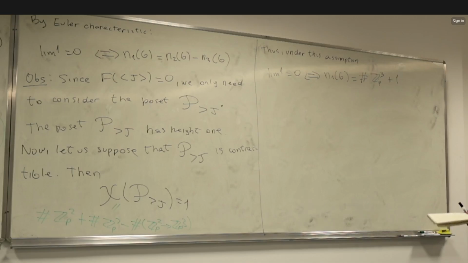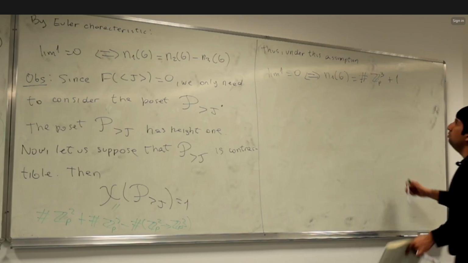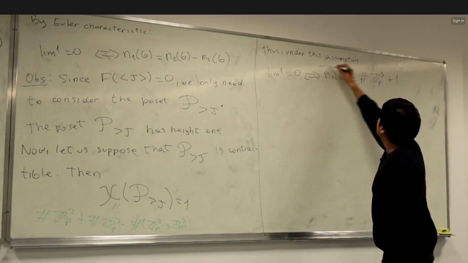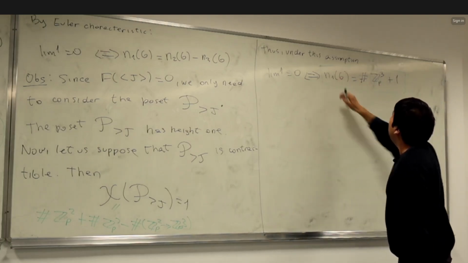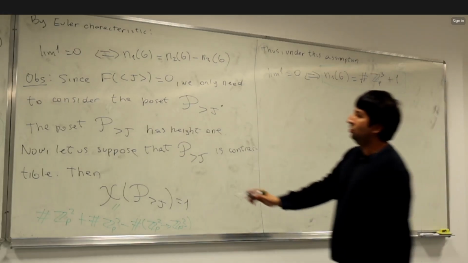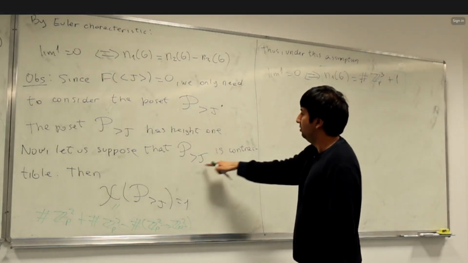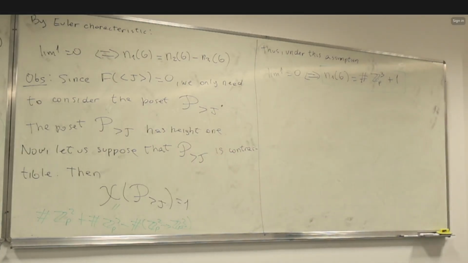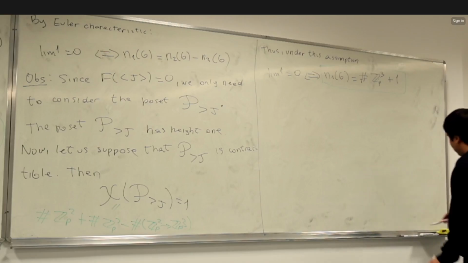Yes. So if we make a code for GAP, we only have to check this condition. Of course, we have to assume this situation: this poset is contractible. The good news is that this poset is many times contractible.